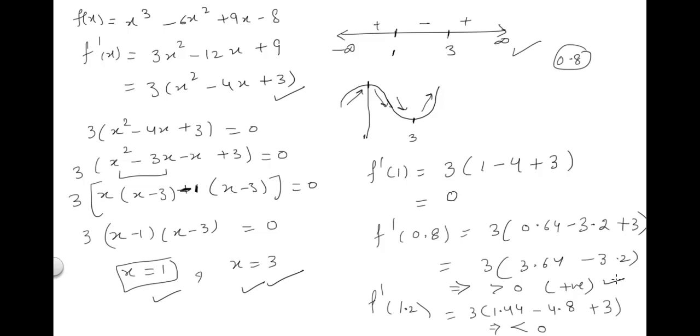So the sign of f dash x is changing from positive to negative. It is coming less than 0 the second time. When it goes from positive to negative, as already shown in the graph paper, that means going downward. The point is of local maxima. So here 1 is the point of local maxima. Similarly, you can check for 3.